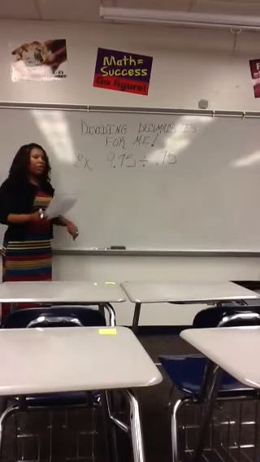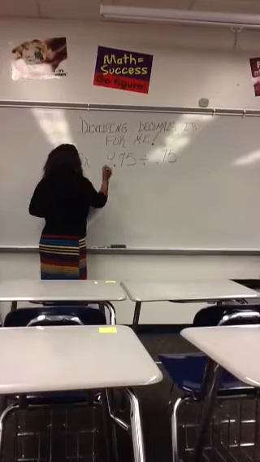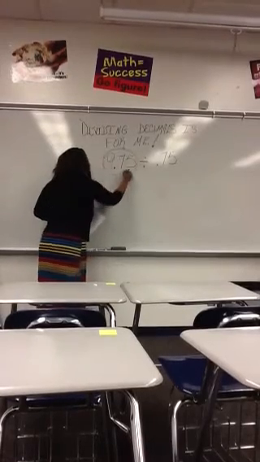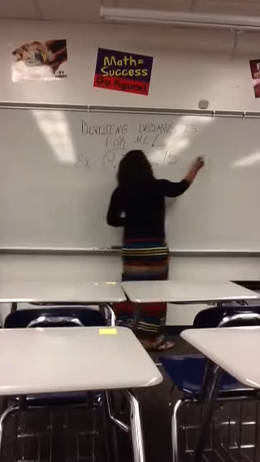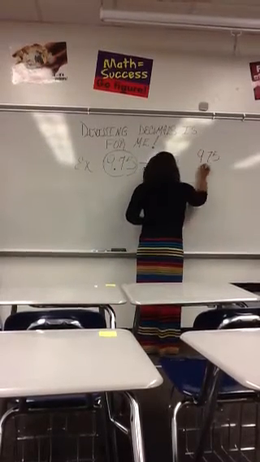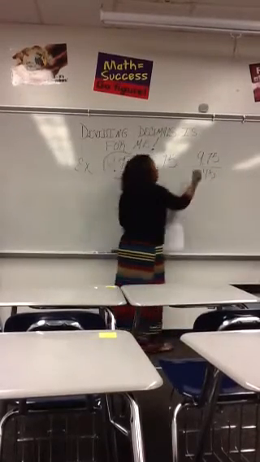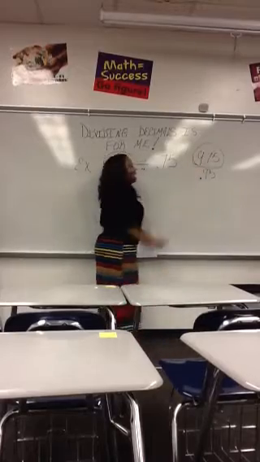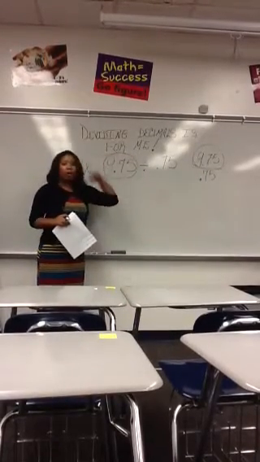So what we're going to do is set up our divisor and our dividend. The first number goes in the house, just like entering it into a calculator, the first number goes in first.